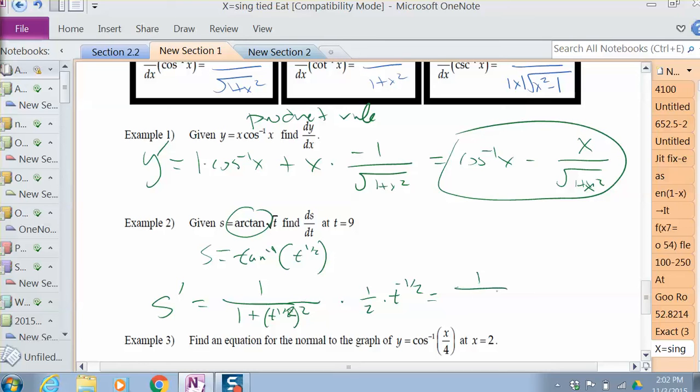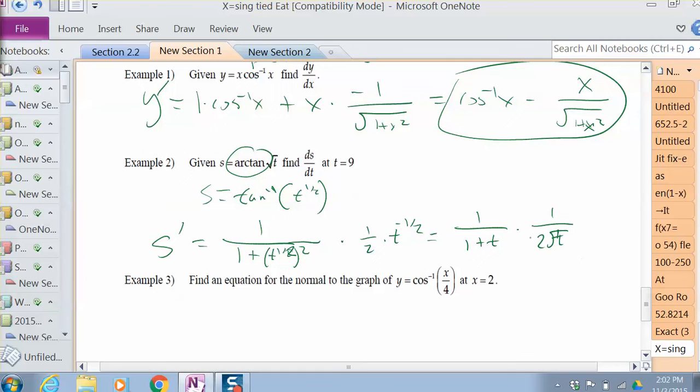So it's 1 over 1 plus t times 1 over 2 root t. And then we have to evaluate this at t equals 9. So it's 1/10 times 1/6, where you get 1/60th in that regard.